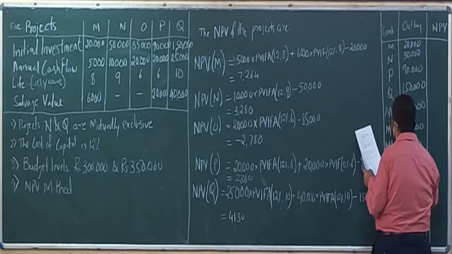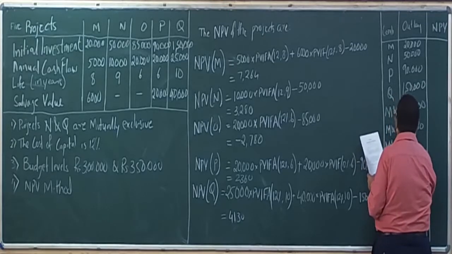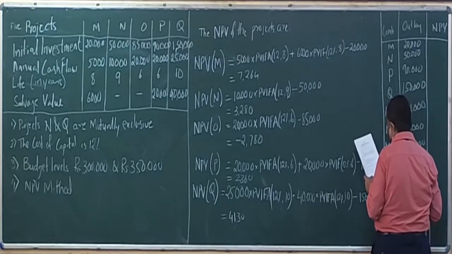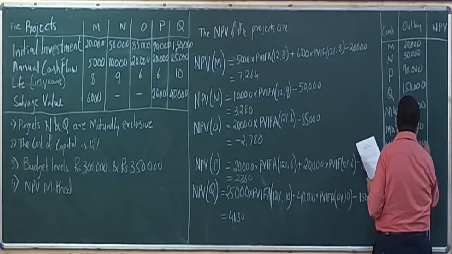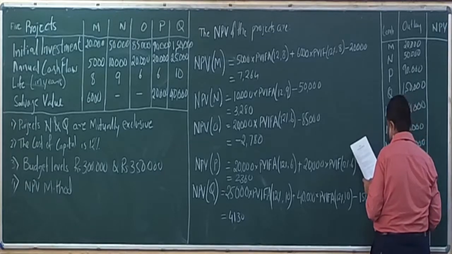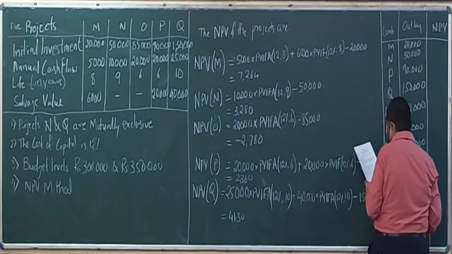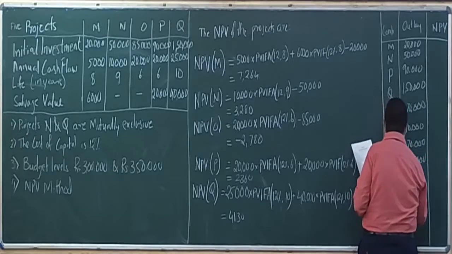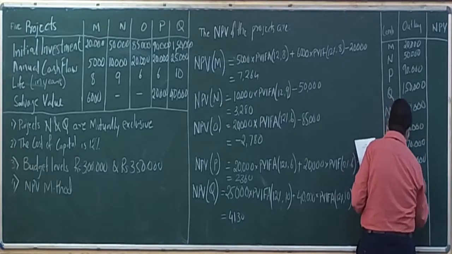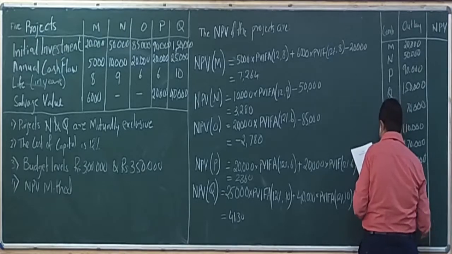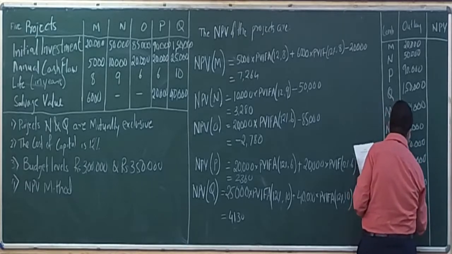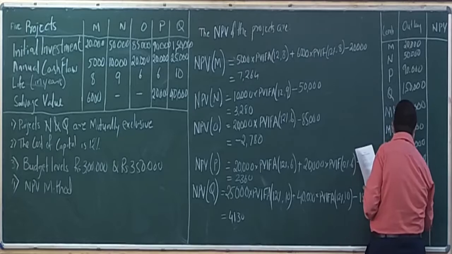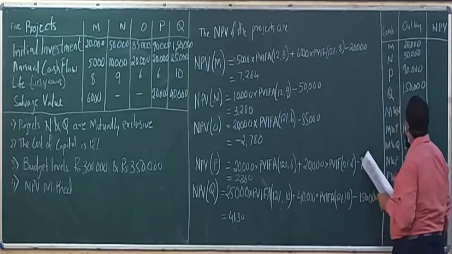M and Q outlay is 1,70,000. N and P outlay is 1,40,000. P and Q outlay is 2,40,000. M, N and P's outlay is 1,60,000. Okay, so these are the outlays available to us.